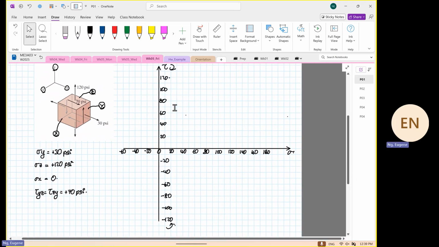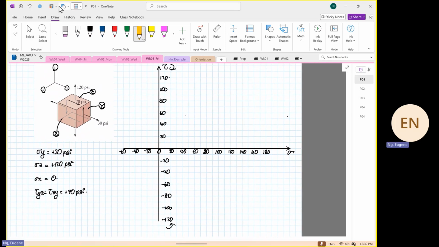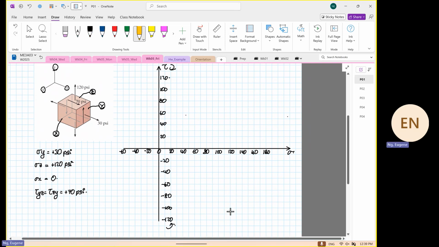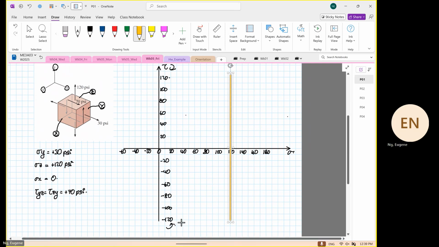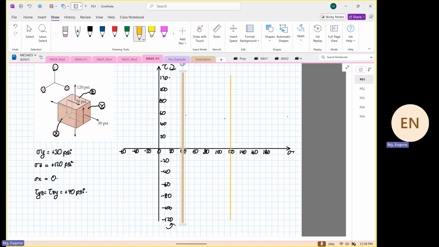Once we have this, we draw our 120 line. And then we draw our positive 30 line. Okay. And then from here, we have the shear.